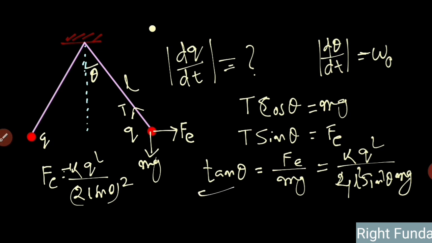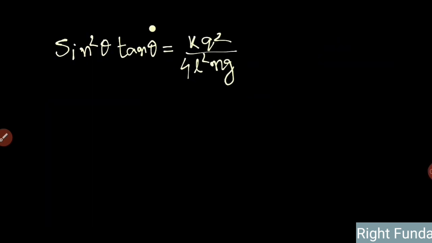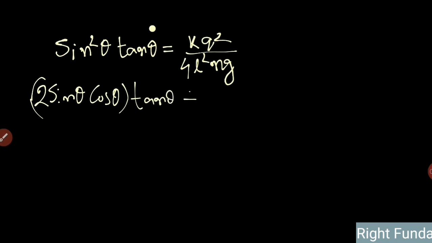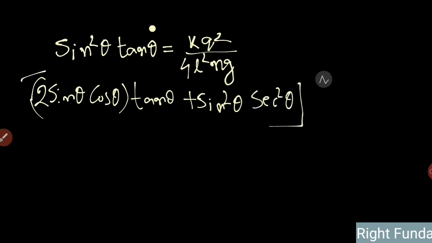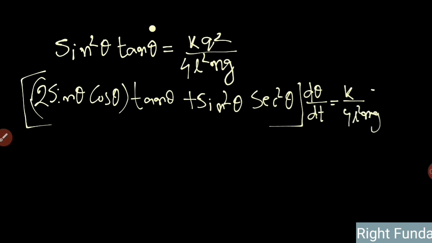I can simplify this by taking sin²θ to one side, and then I will obtain the equation here. If we differentiate both sides of the equation with respect to time, we get (2 sin θ cos θ tan θ + sin²θ sec²θ) dθ/dt = (k/4L²mg) 2q dq/dt.